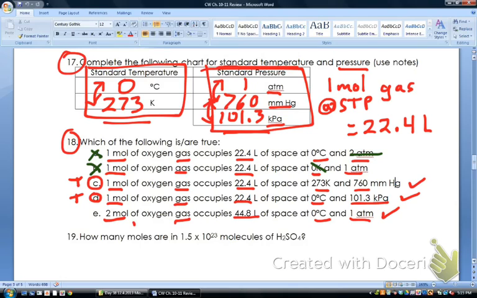We know that 1 mole of gas equals 22.4 liters. So it is true that if it's still at STP, then 2 moles of gas does equal 44.8 liters at STP, making this statement true as well. So according to that, all three C, D, and E are true.